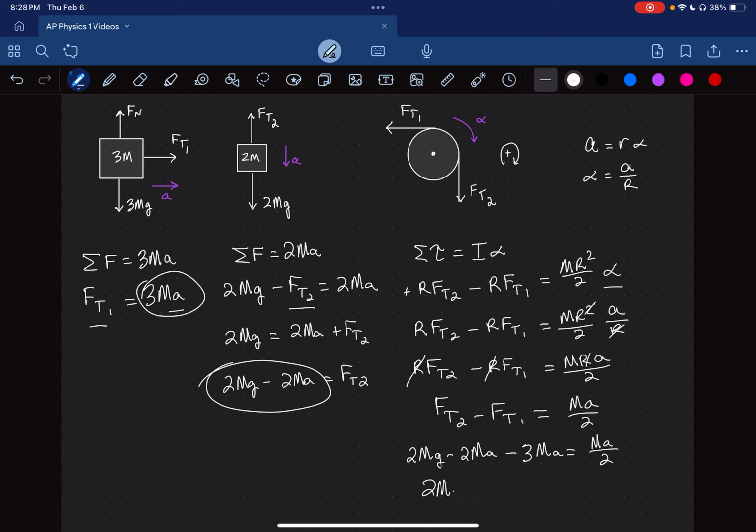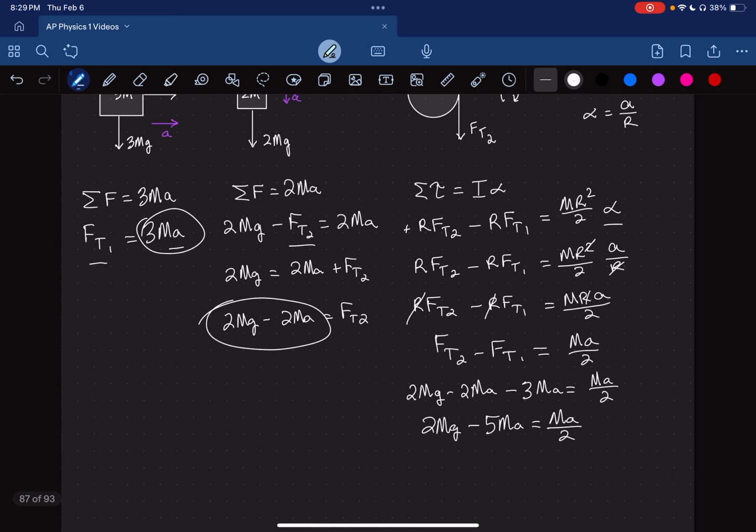Now, this is 2mg minus 5ma equals ma over 2. Let's get all the a's to one side. This is 2mg equals 5ma plus ma over 2, that's 5.5ma.